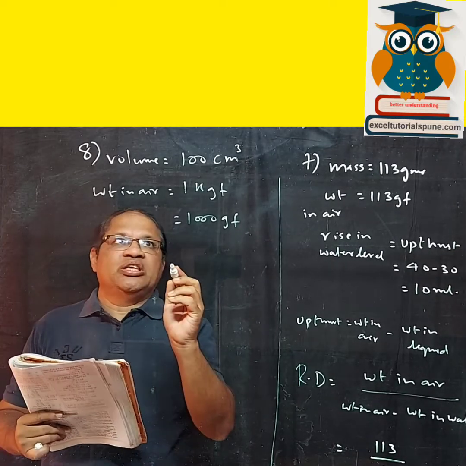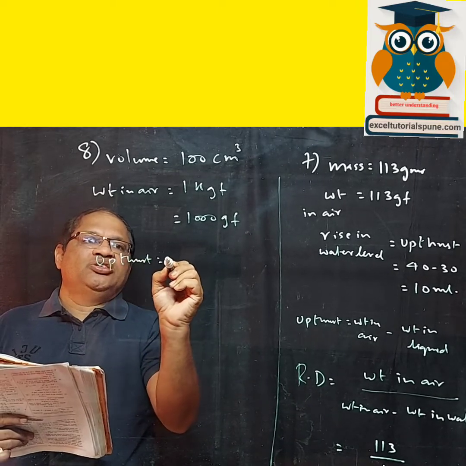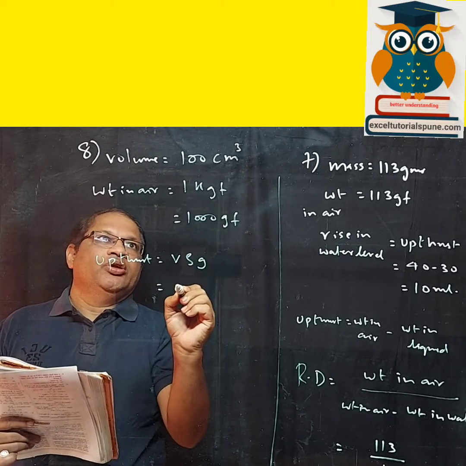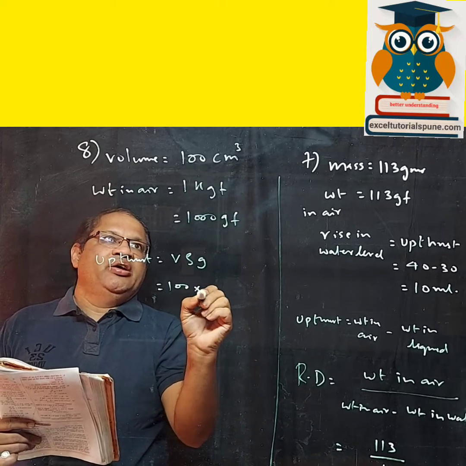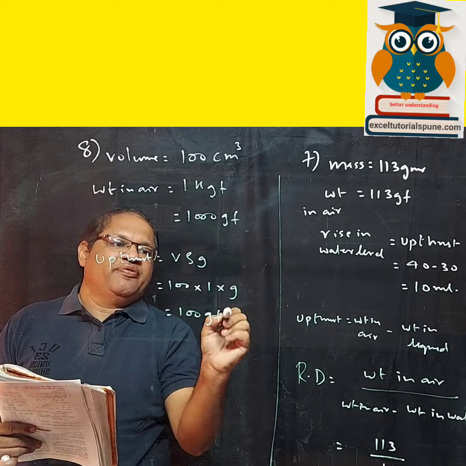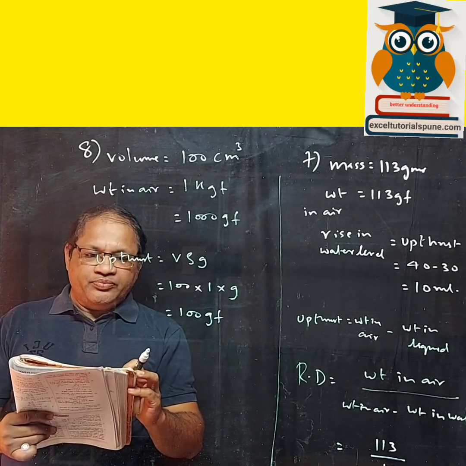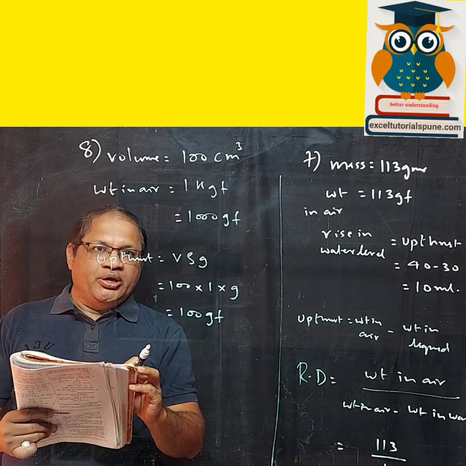So volume is given, so upthrust you can find out. Upthrust is equal to V rho g. So volume is 100, density is 1 g, so 100 gf. So now they are asking in the 8th sum the weight in water.